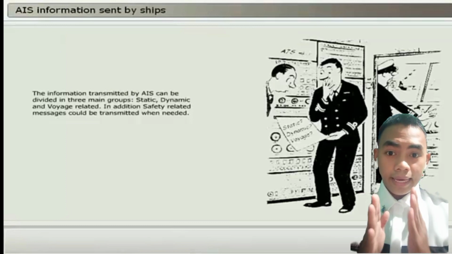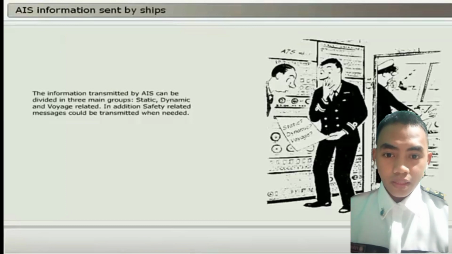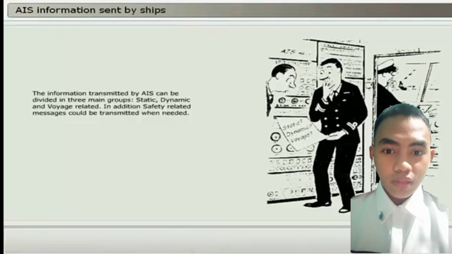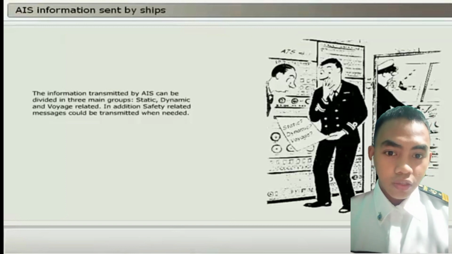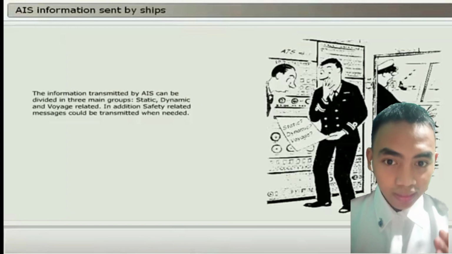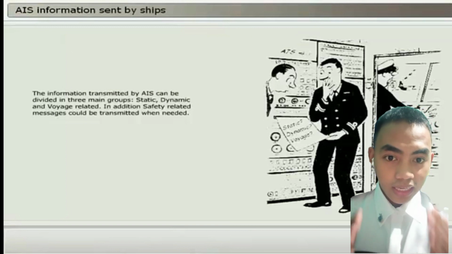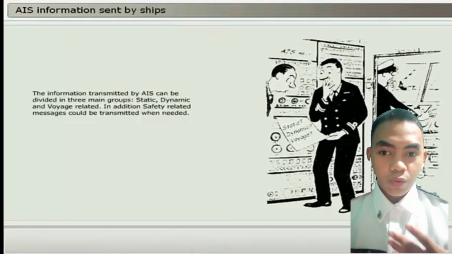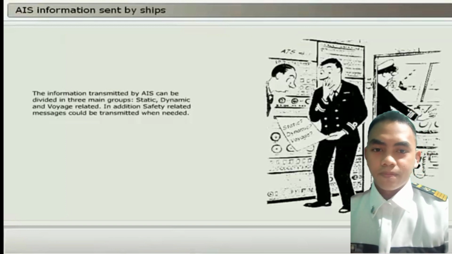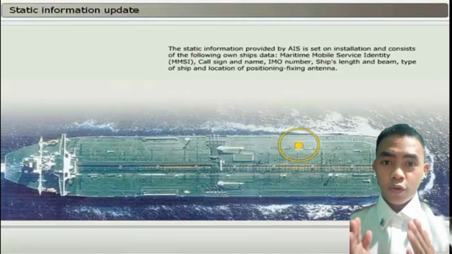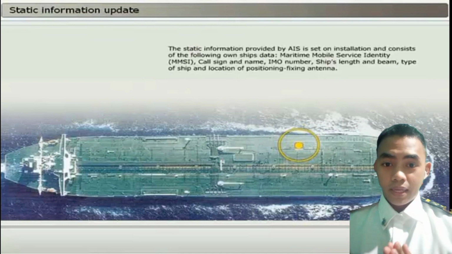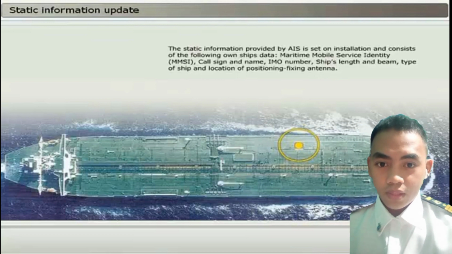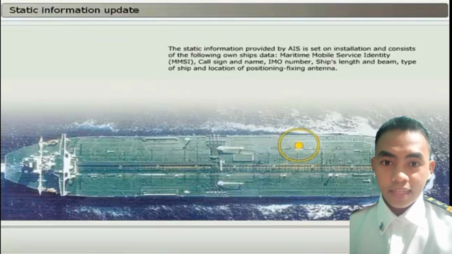Proceeding to the AIS information sent by ships. The information transmitted by AIS can be divided into three main groups: static, dynamic, and voyage related. In addition, safety related messages could be transmitted when needed. I'm going to discuss one of the main groups in AIS, which is the static information.